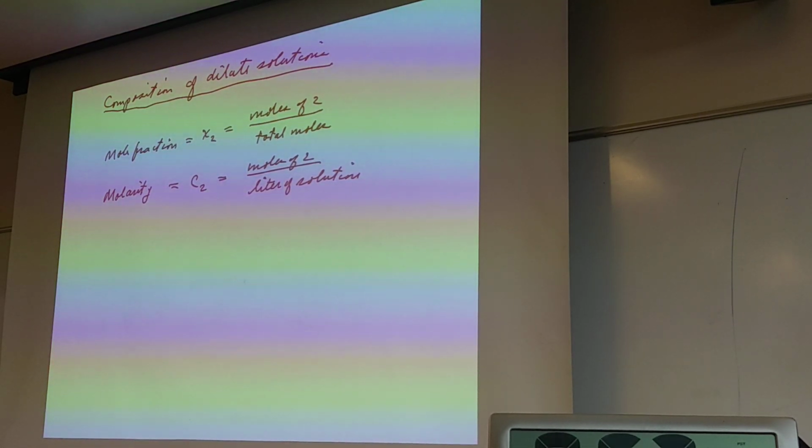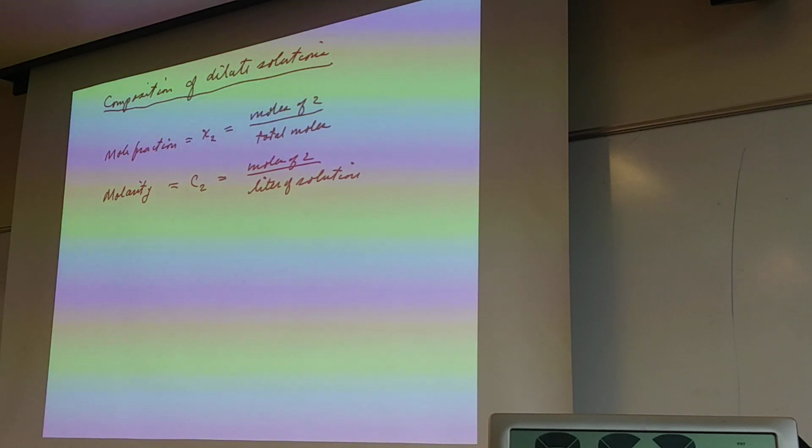This is one that I particularly don't like to use because now we're involving ourselves with a liter, so whatever the liter of solution is going to depend on what the density is, which depends in turn on what the temperature is. Anyway, you will often see Henry's law written with respect to molarity.